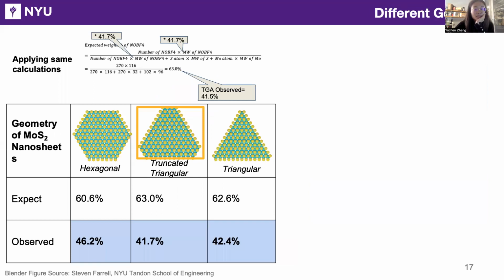We then applied the same calculation to other geometries of MoS2 particles, which are the extreme cases of hexagonal and triangular. The expected result is based on the assumption of a fully occupied surface, and the observed result is based on the actual TGA we observed.